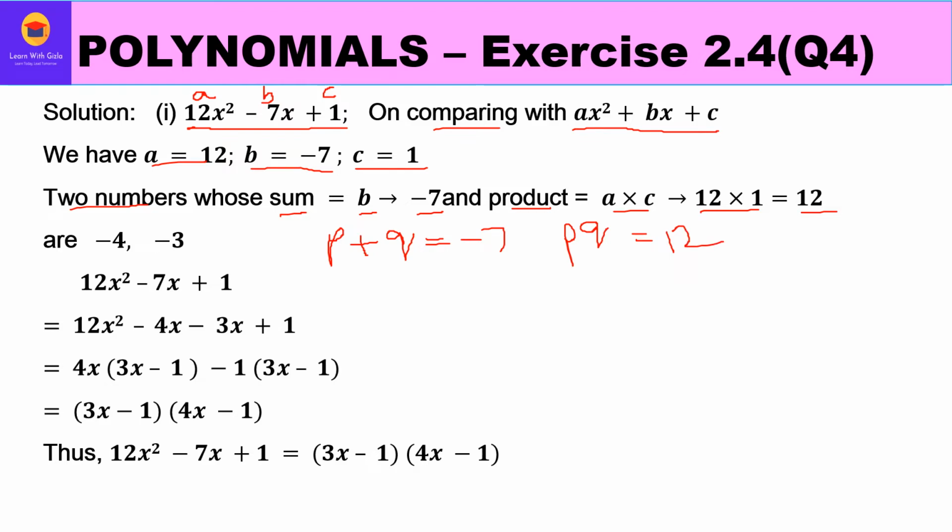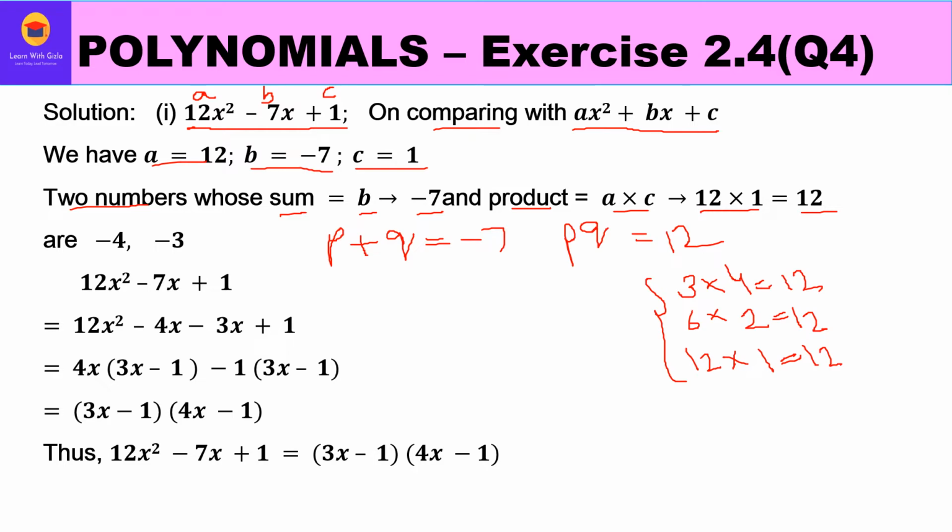Now if we go by the factors of 12, we can say 3 into 4 is 12. Even 6 into 2 is 12, right? Then 12 into 1 is 12. So various combinations of these factors we can have and get the product as 12.